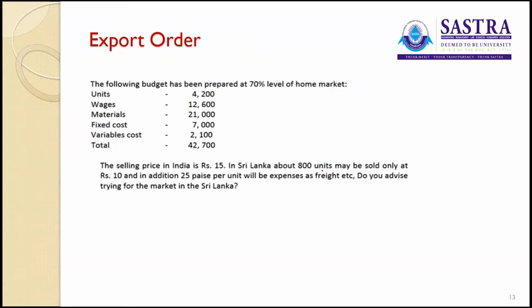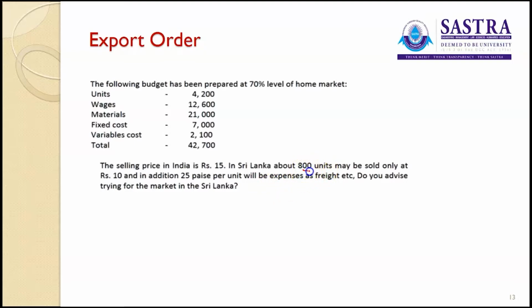Now we can have another problem in the export order itself. The budget has been prepared at 70% level of your home market. We have units at 4,200, wages 600, materials 21,000, fixed cost 7,000, variable cost 2,500, total cost 42,500. Now the selling price in India is 15 rupees and we have another order from Sri Lanka.